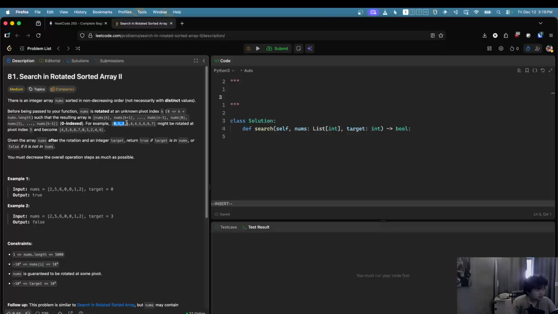For example, with pivot index 5, we just add 5 to everyone. So 0 goes to 5, 0 1 2 3 4 5 ends up here. Everyone gets adjusted by some pivot value, but it's still sorted.